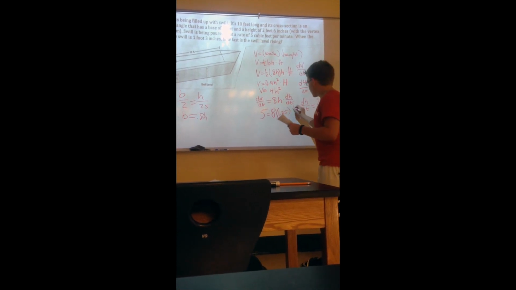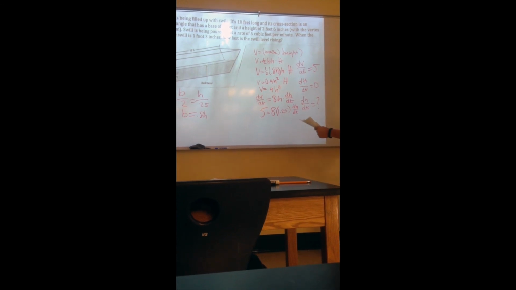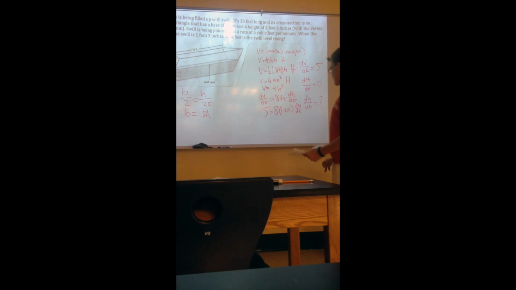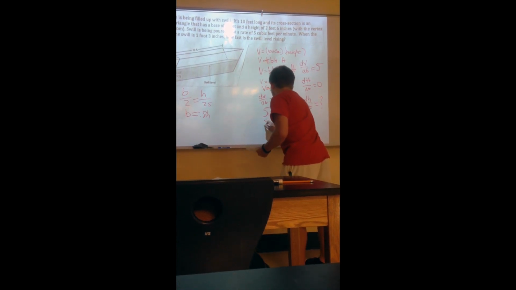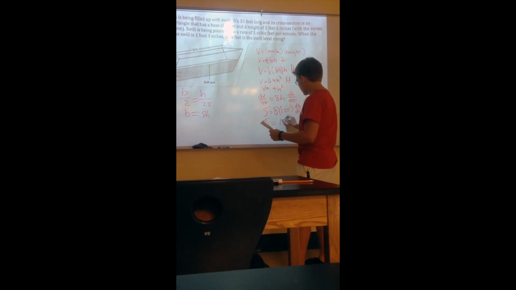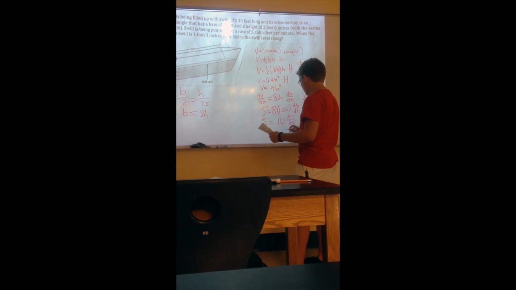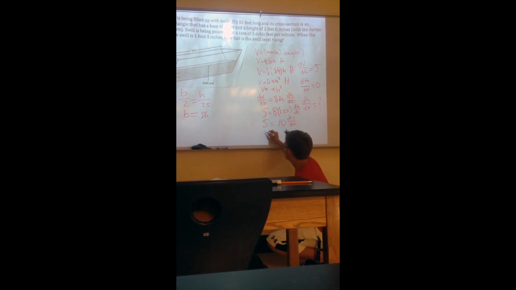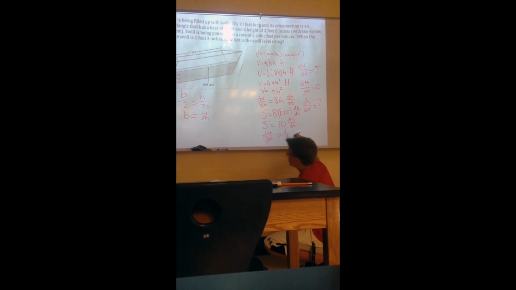And then dh over dt, because that's what we were trying to find. So then we start simplifying. We get 5 is equal to 10 dh over dt. That simplifies to dh over dt is equal to 1/2, and we have our units.